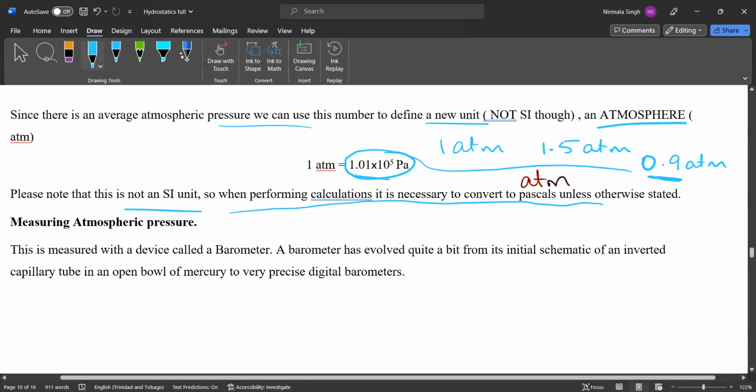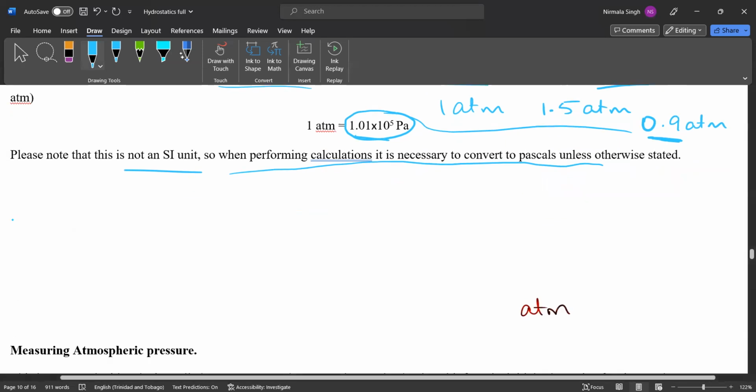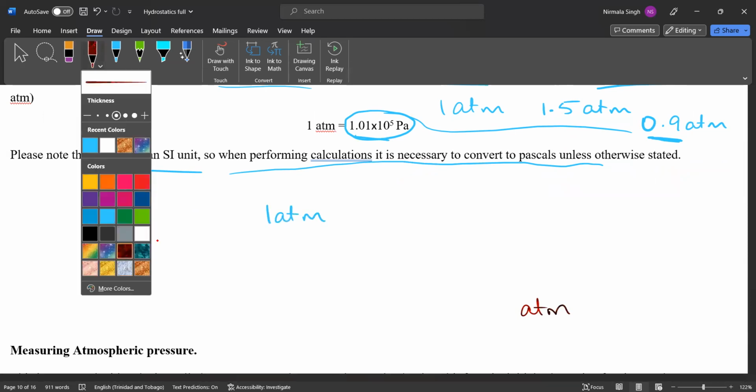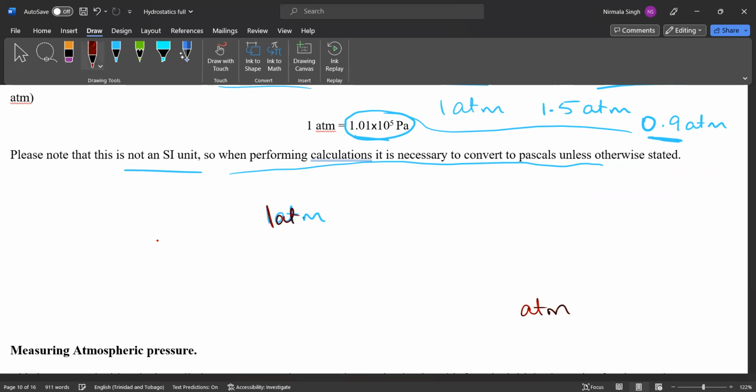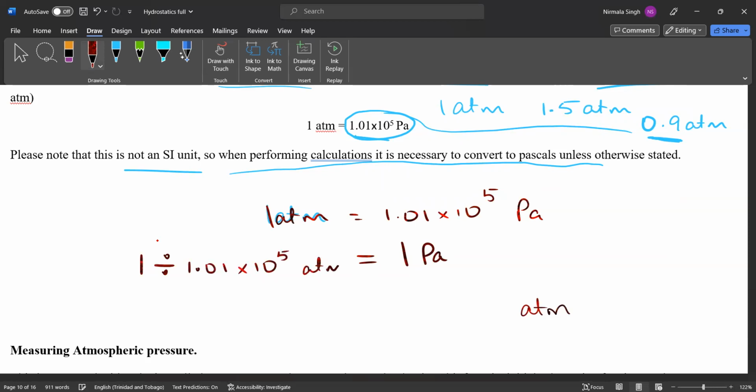So let's see how we do that. Write down a note for that conversion. 1 atmosphere is equal to 1.01 by 10 to the 5 pascals. And I can write down 1 Pascal is equal to 1 divided by 1.01 by 10 to the 5 atmospheres.